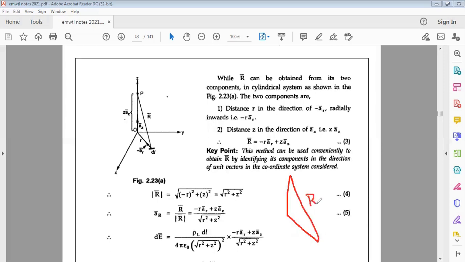We need R bar. The direction of ar bar is in the negative direction, minus ar bar, and here the point P is there, and the direction is towards the positive direction of az bar.